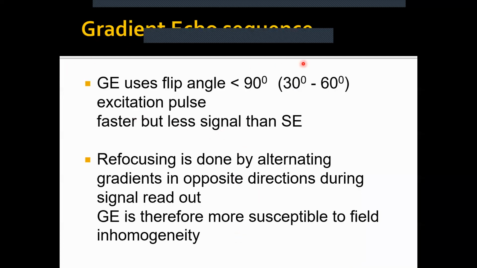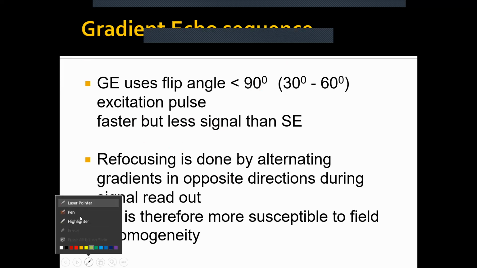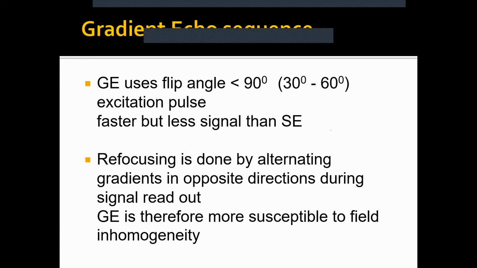Now, gradient echo sequences behave a little bit differently. Normally, let's say you have your magnetic pulse and your detector over here, and then the thing that you're looking at over here.